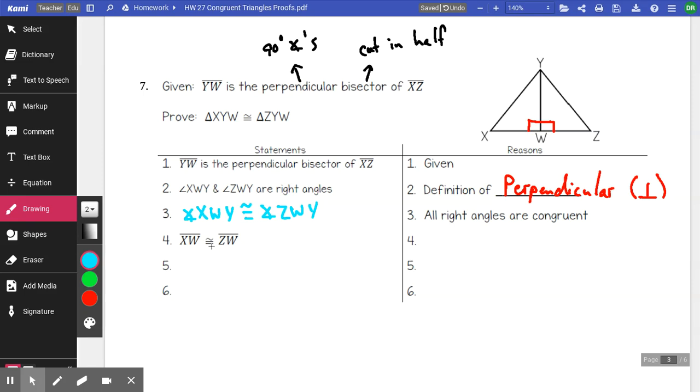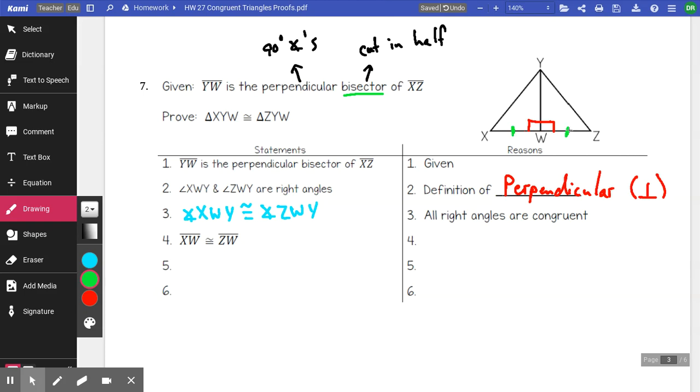Now we also see that apparently XW and ZW are congruent to each other in statement 4. And so what we're trying to do is figure out, why is that true? We can't just look at a diagram and say that these two things are the same size. Remember, we had that key word in our given information, this word bisector. And the word bisect means to cut into two equal parts. And it says bisector of XZ, meaning big segment XZ was cut into two equal parts, XW and WZ.